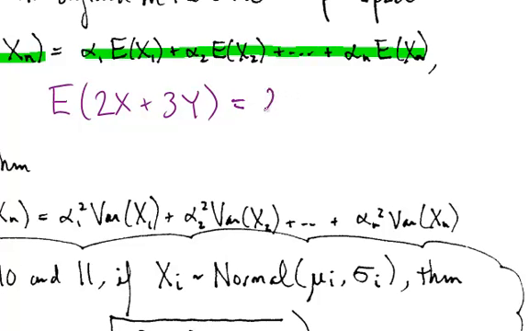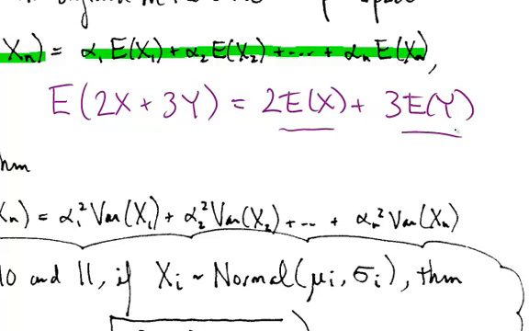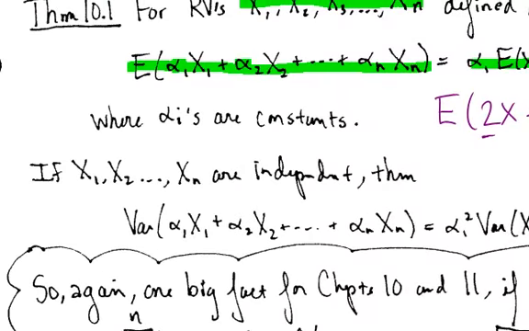This is going to be 2 times the expected value of x plus 3 times the expected value of y. I just need to know that these are random variables. They don't even need to be independent. And then these are the constants alpha that are up in this problem here. So that's just a nice example of theorem 10.1.